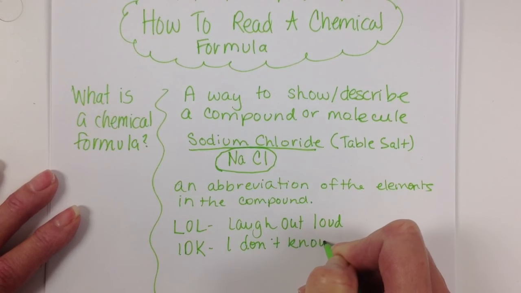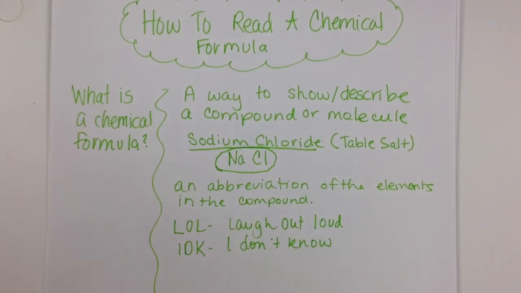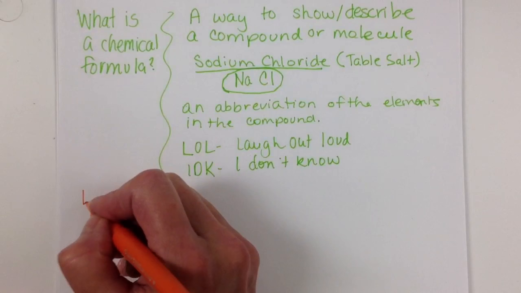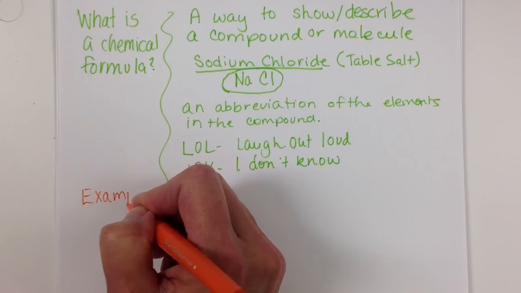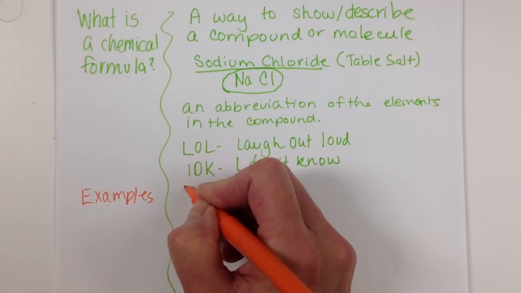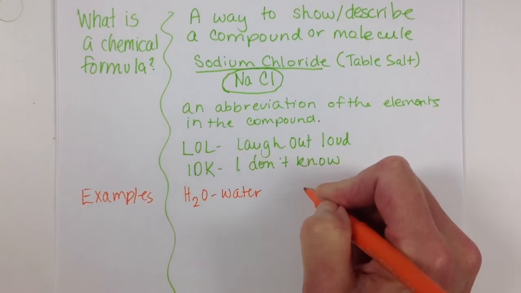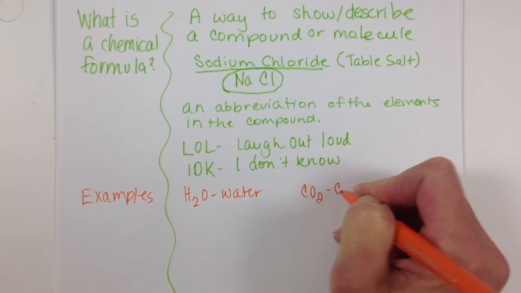So let's give some examples of some chemical formulas, and you guys already know a lot of them, so let's list a couple. I know you all know water, H2O for water, right? You guys know CO2 for carbon dioxide.